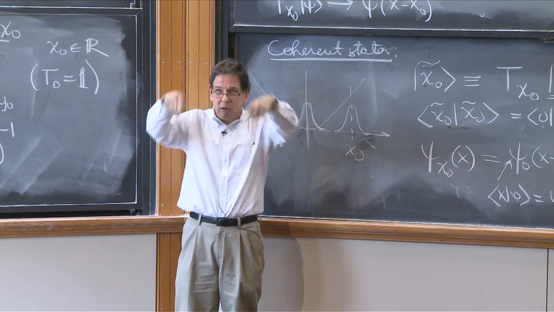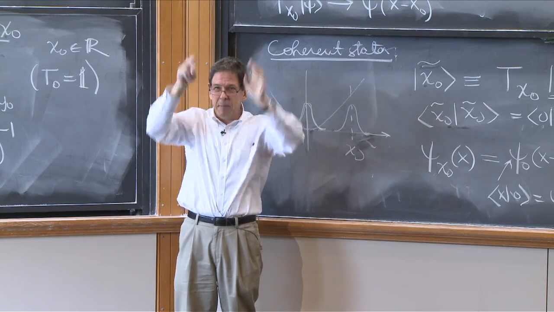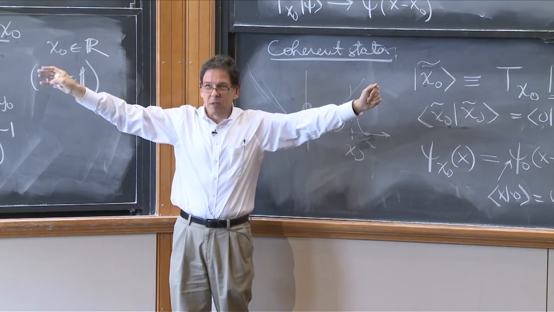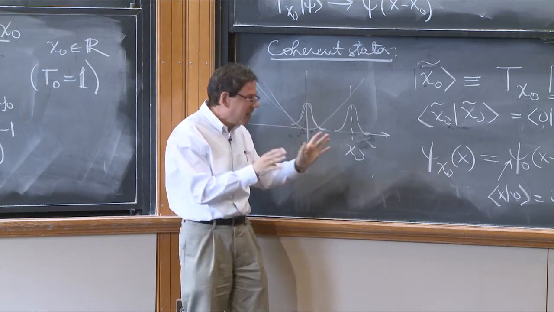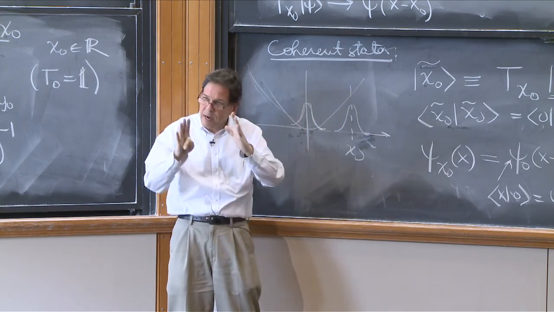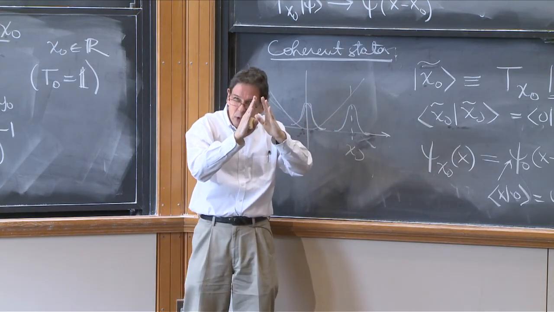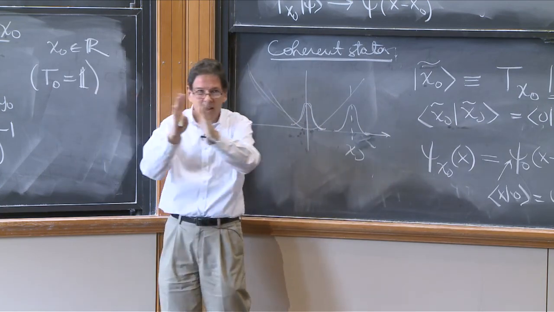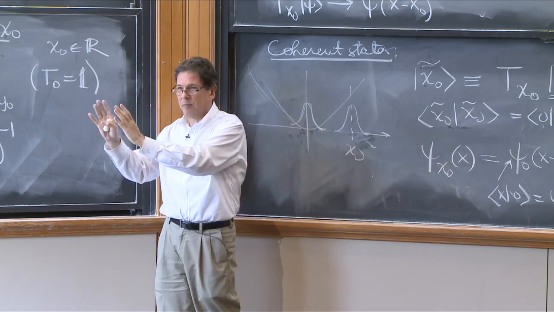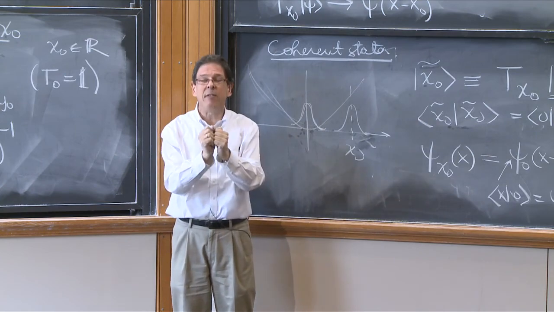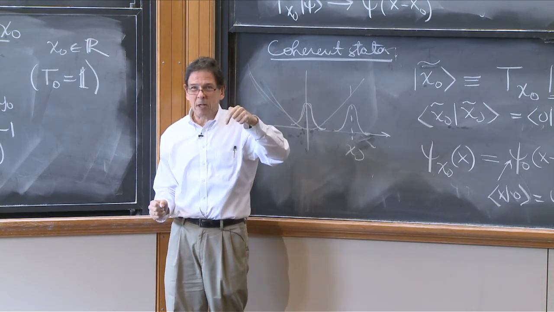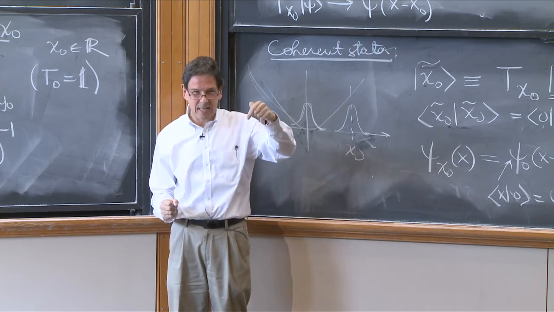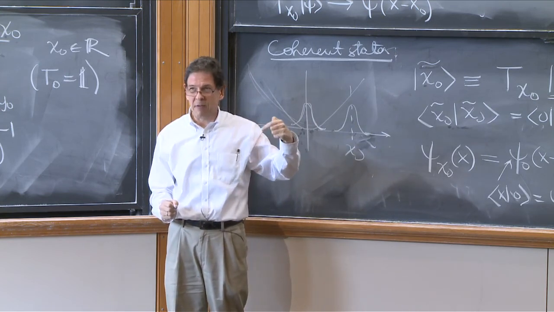Remember when you considered a pulse in a free particle, how it disappears and stretches away? Well, in the harmonic oscillator, this has been so well prepared that this thing, as time goes by, will just move and oscillate like a particle. And it does so coherently, without changing shape. When we talk about light, coherent light is what you get from lasers.